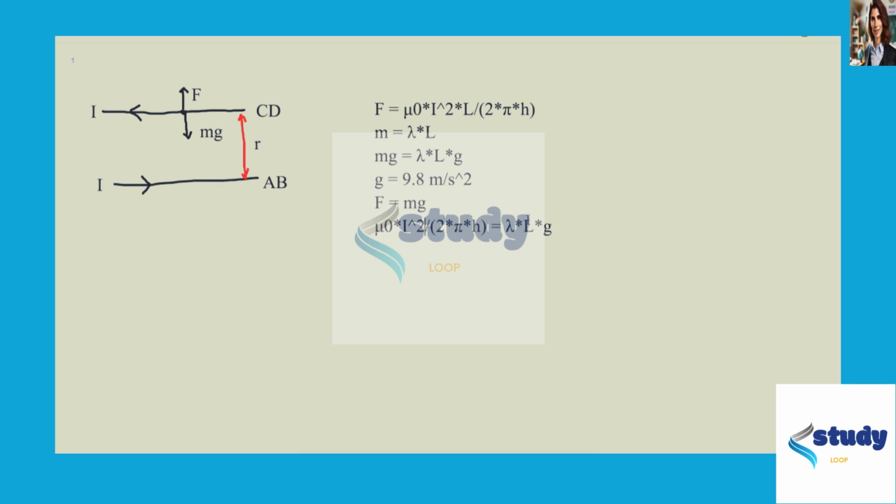So those are going to cancel, which is good because we weren't told what L was in the problem. And we want to get h by itself. So let's multiply both sides by h here. And then we want to divide by lambda and g, because we want to get h by itself. So let's put those in the denominator. So finally, we're going to get that h is equal to mu naught I squared over 2 pi lambda g.